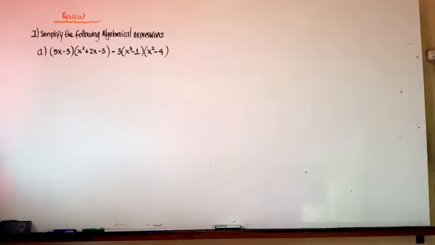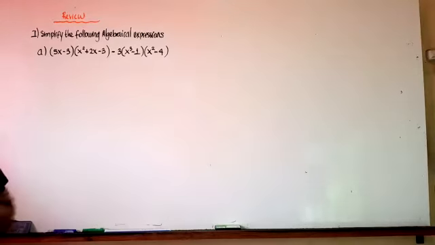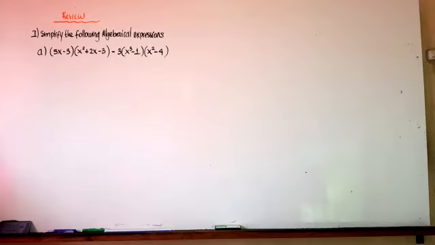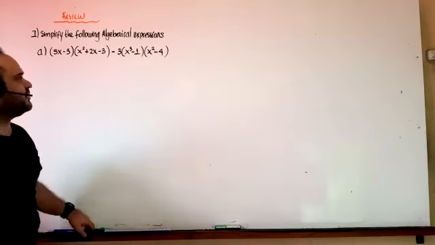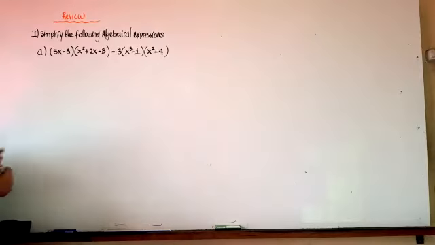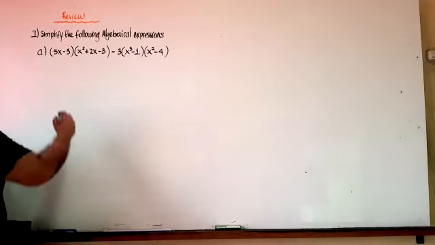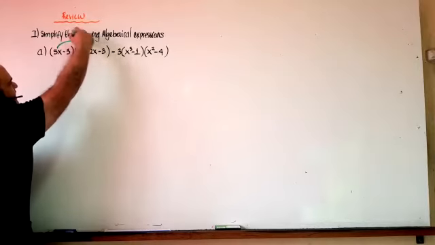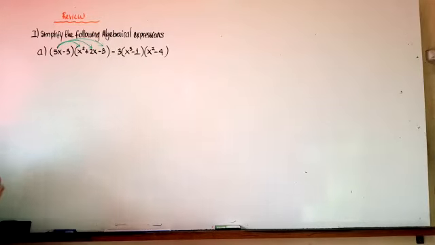Okay, we have to simplify the following algebraical expressions. Remember, at the moment we're going to multiply these algebraical expressions. Remember, we're supposed to copy the variable and add the exponent. In this algebraical expression, we have to apply the distributive property. That means 5x multiplies x squared, 2x, and negative 3.